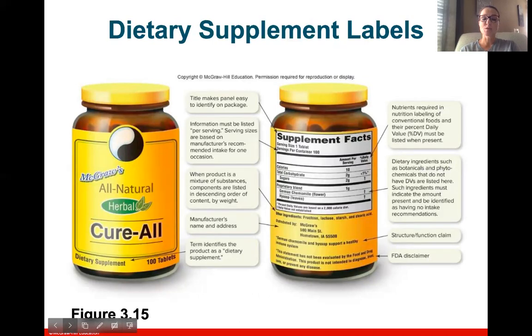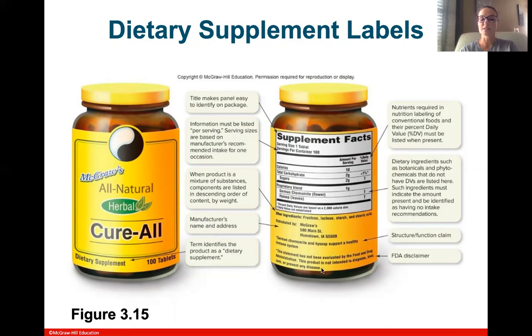Dietary supplements also have to have labels. It has to say that it's a dietary supplement. It does have to include all the ingredients. It needs to tell you the serving size, and then based on the serving size, it has some general information. It can make some structure and function claims, but they also have to have on here that the statement has not been evaluated by the Food and Drug Administration.